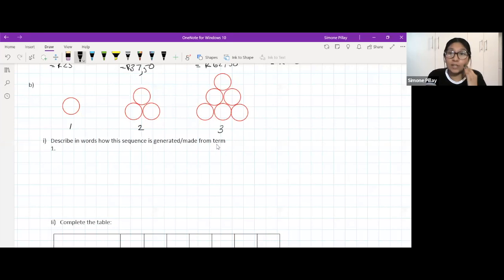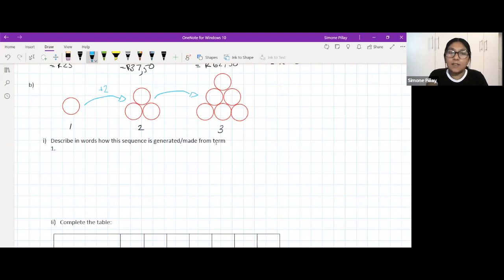Now, I know that you guys have done describing patterns in words before, but you always had what we called a constant difference, which meant to get from number 1 to number 2, I'm plussing 2 little circles. And to get from 2 to 3, normally when we have a constant difference, this would be plus 2 as well.